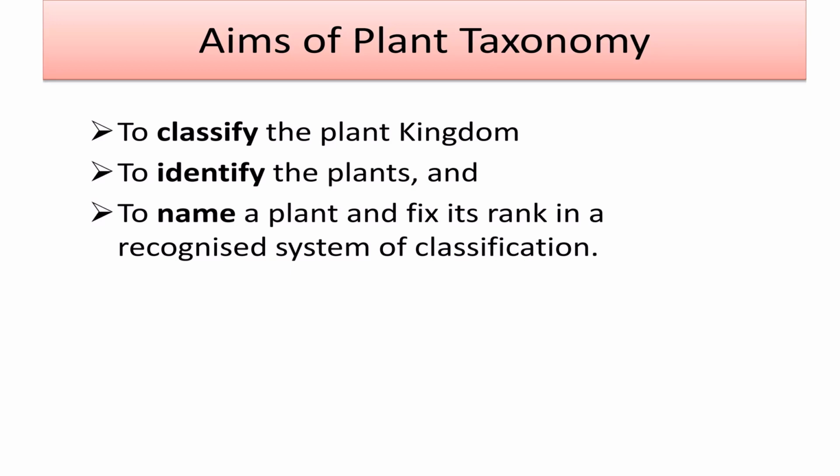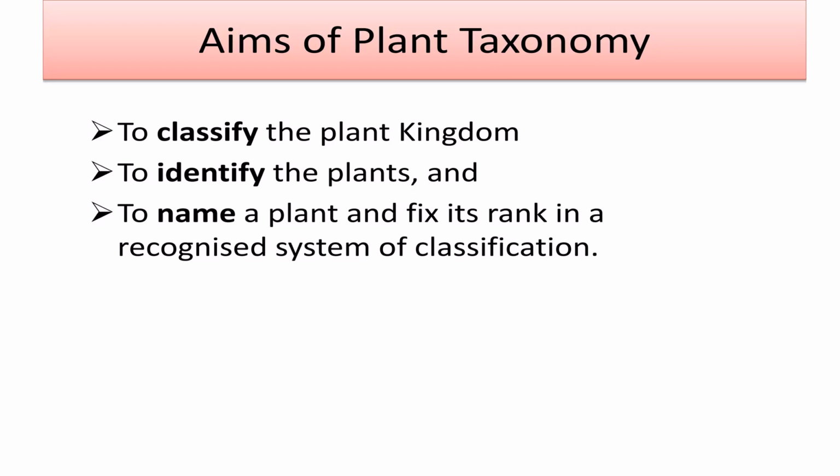So each and every plant is having its own unique nature. So based on that, the classification has been made. The popular and natural classification is made by Bentham and Hooker, which is used very commonly for the identification purpose and the classification.